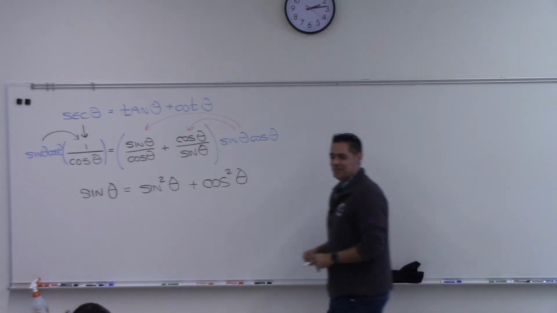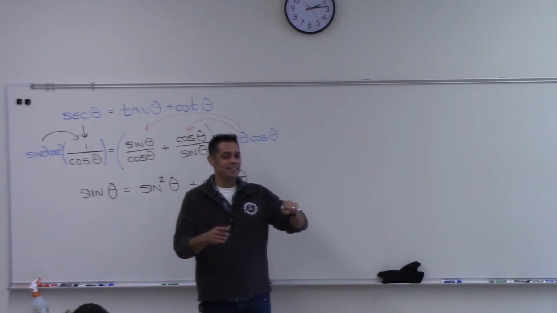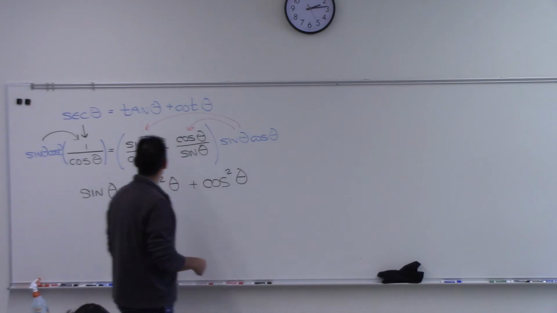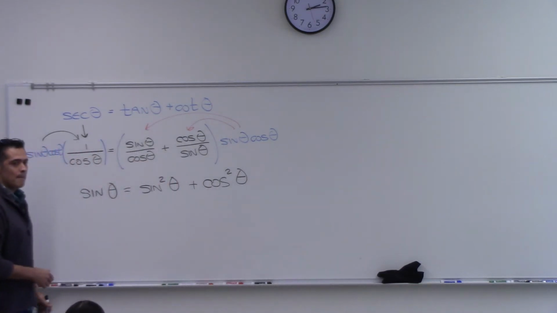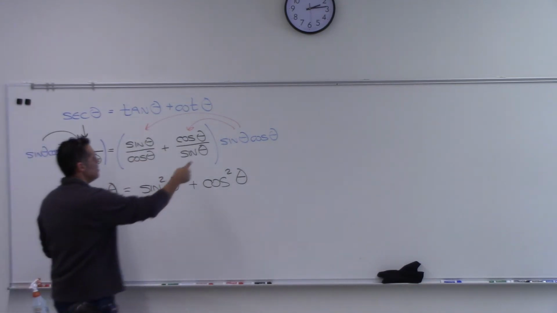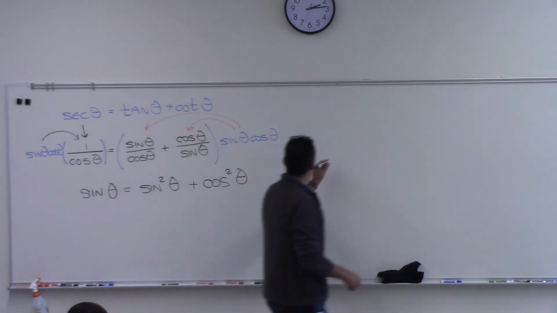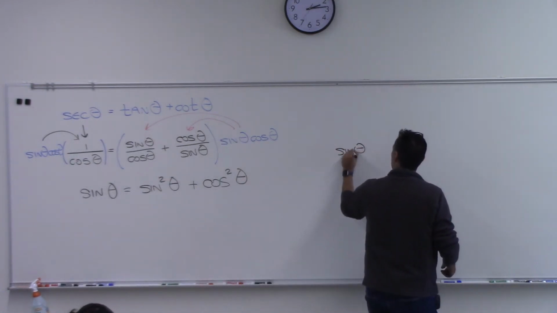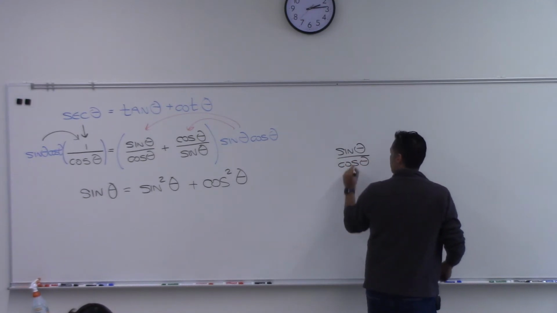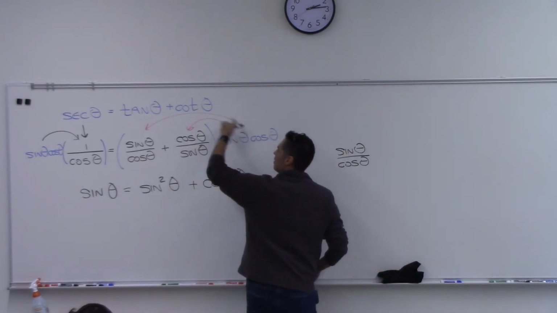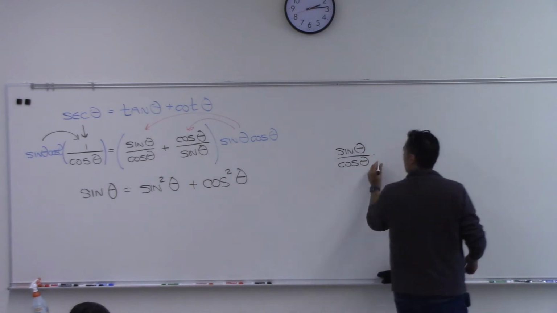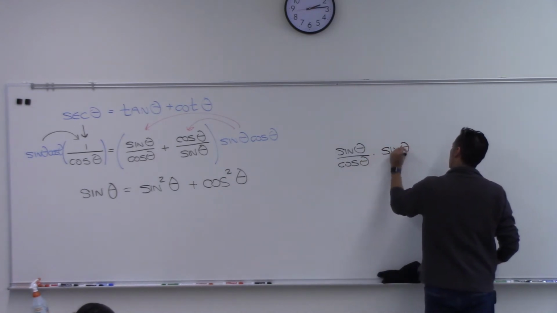I don't know. Yes? Can you explain to me how you multiply the sine and cosine? Okay, so you want to see one of these come through? Yeah. Okay, so let me do it this way. I have sine theta over cosine theta. That's this, right? I'm going to multiply this to it. So when I multiply it, I hit it with the sine theta, cosine theta.